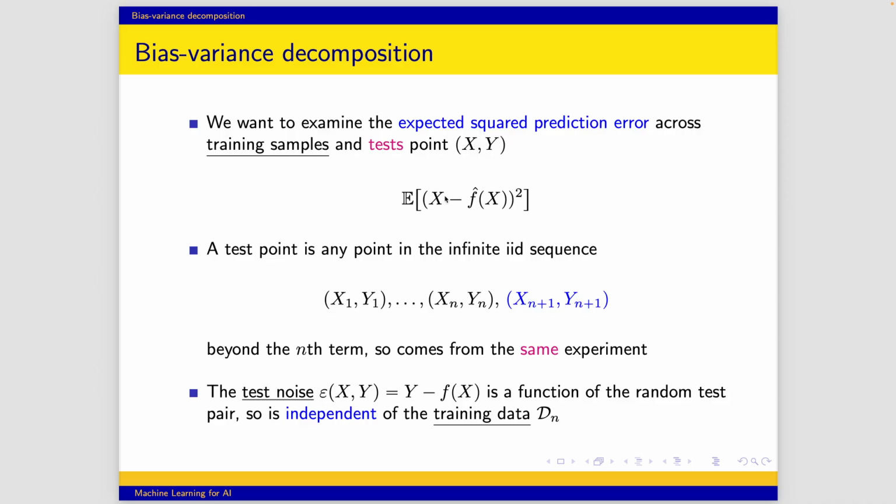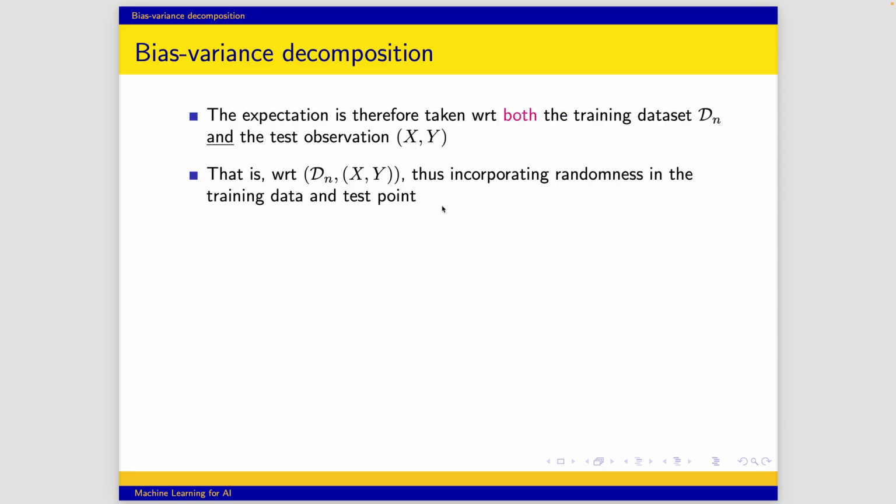So it's across both. This expectation is with respect to a joint distribution of the training sample and some random test pair. So it includes randomness due to our choice of training sample and also due to our choice of the test point, because we have many test points that we can choose from in the whole population.